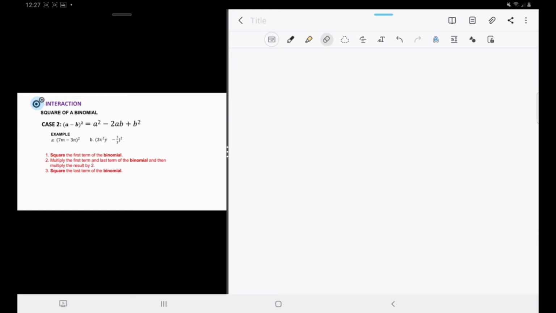The second case is a minus b squared. The difference between case 1 and case 2 is the sign of the middle term. In case 2, the middle term is minus or negative. Okay, for example, we have 7m minus 3n squared.